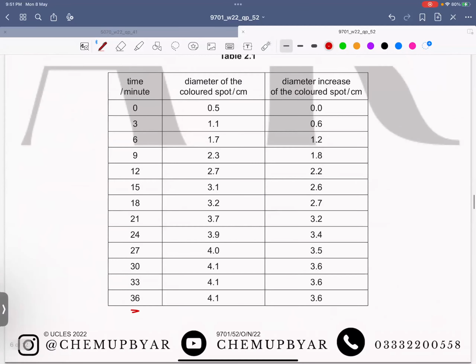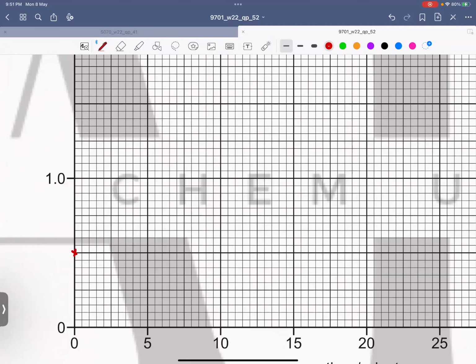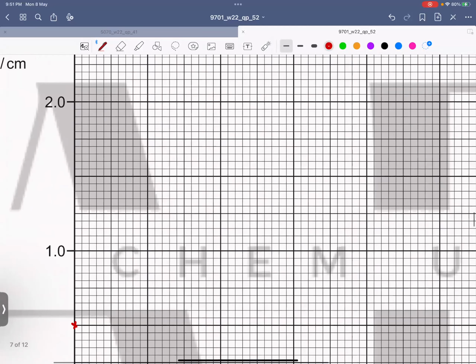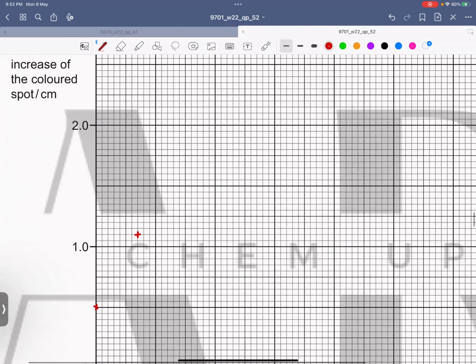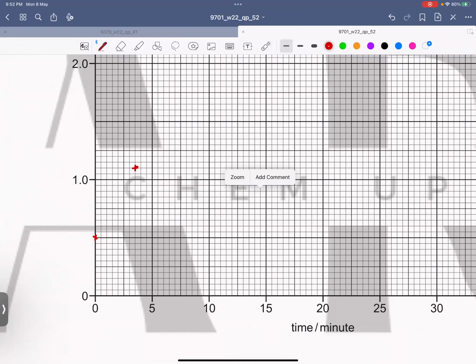Then at 3, it's 1.1. So 3 and 1.1, it would be over here. And then, no, it's not 3, sorry.